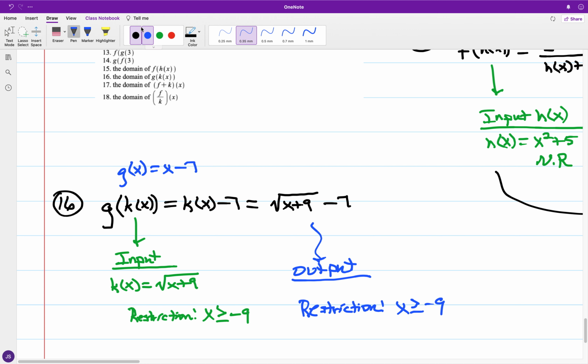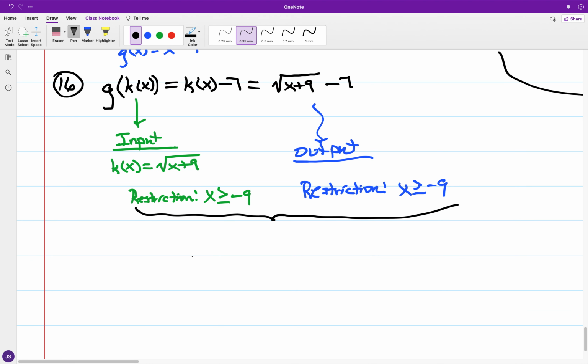So for this composition, the only restriction is that x is greater than or equal to negative 9.